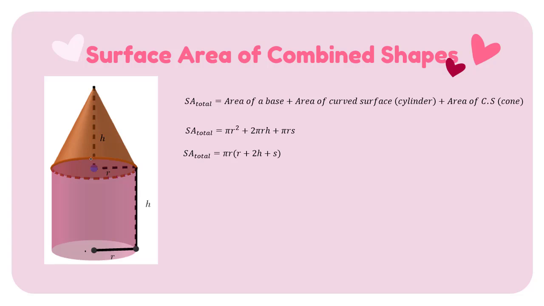And because you already know all the formulas, you can do a substitution, and then you will get the final formula of the surface area of the shape. Later you will get the formula equal to π times r multiplied by (r plus 2h plus s). And it's also super easy for other shapes.